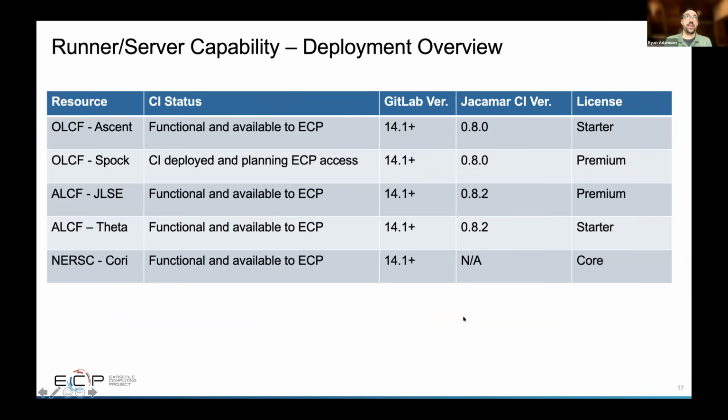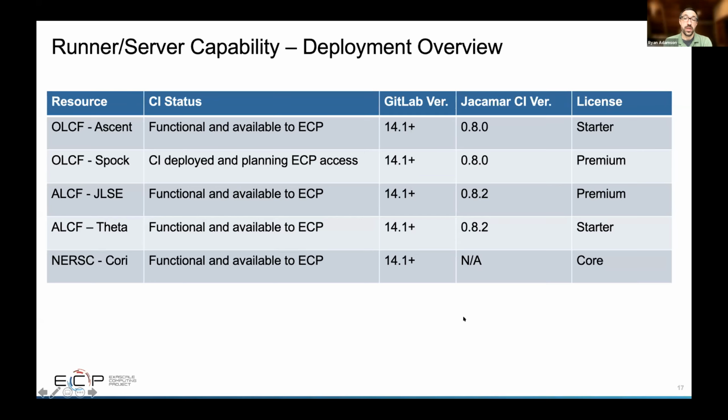Yes. At the very beginning of the project, the rhyme was, where can we get this to stick so we can start prototyping it? And if it's been useful, we've kept it there. So on Ascent, which is at OLCF, it's the open Summit in some sense, and at the JLSE at the ALCF, and on Cori at NERSC, those were 3 systems that were pretty easy to get the platform deployed on.